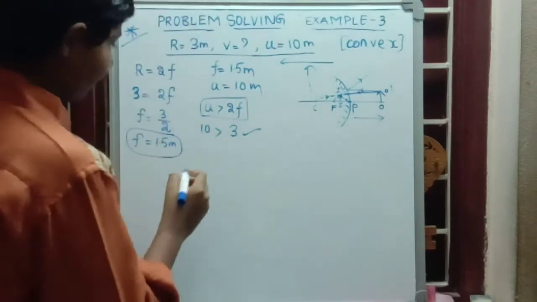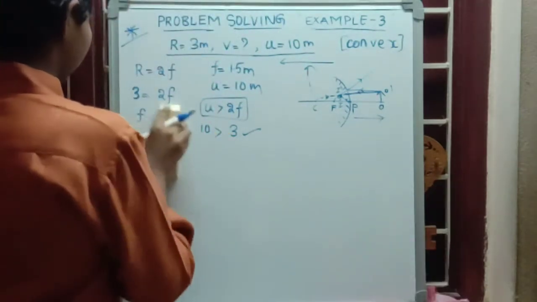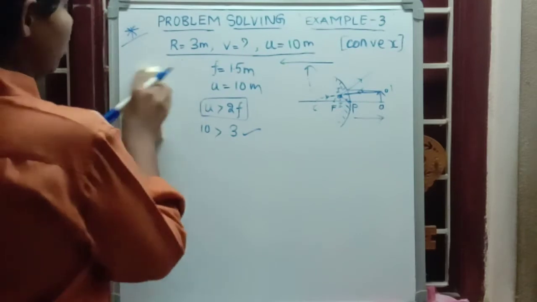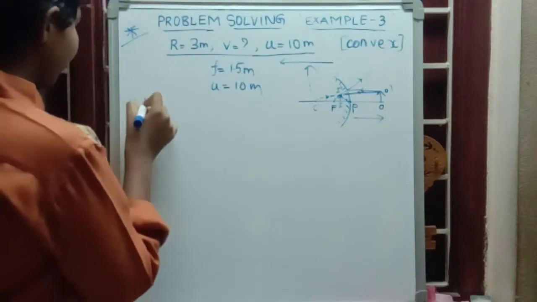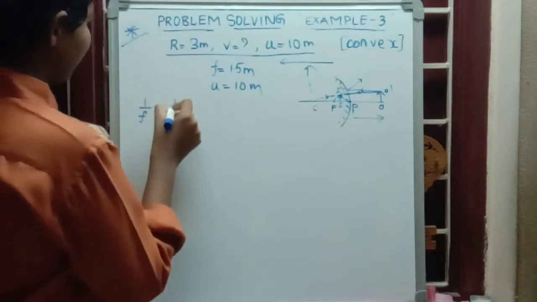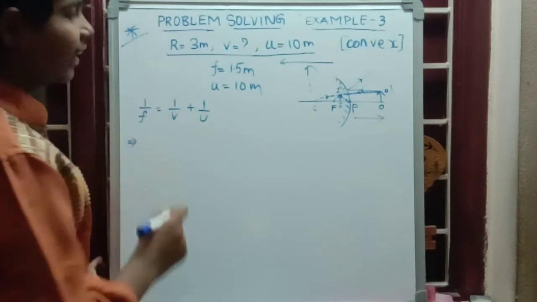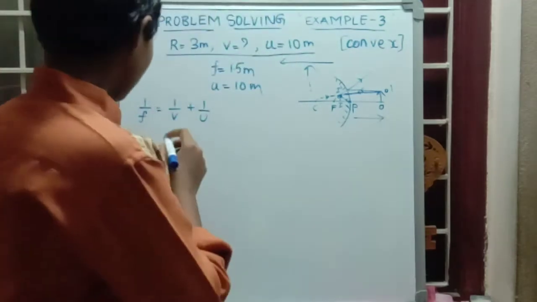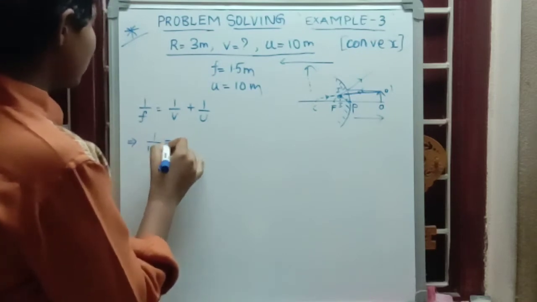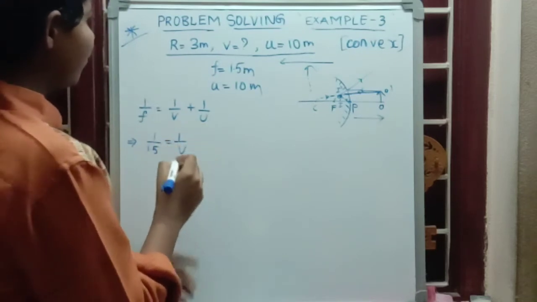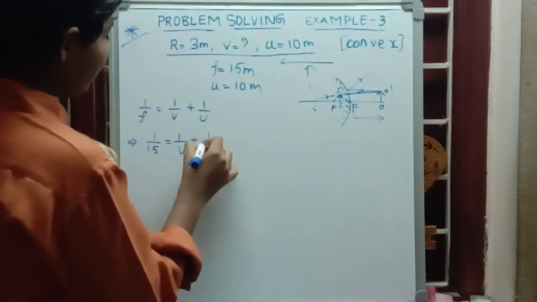Formula: F is 1.5 meter and U is 10 meter. 1 by F is equals to 1 by V plus 1 by U. First write down the values. 1 by 1.5 is equals to 1 by V plus 1 by 10.